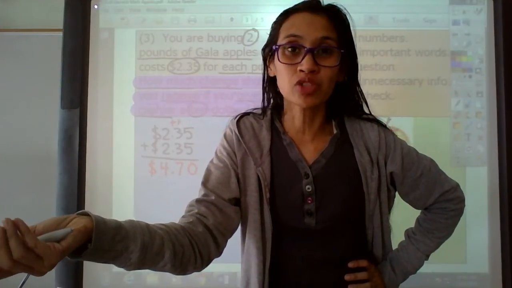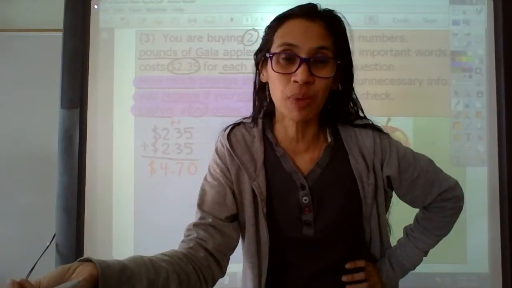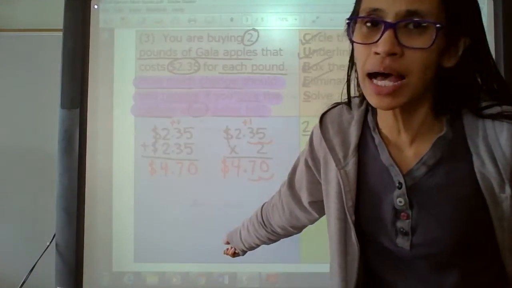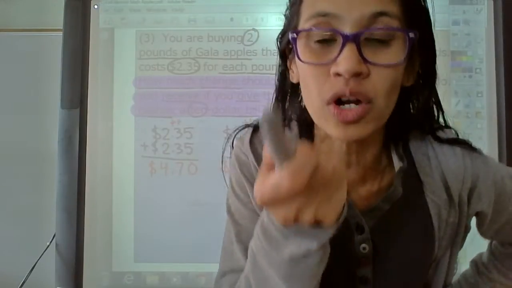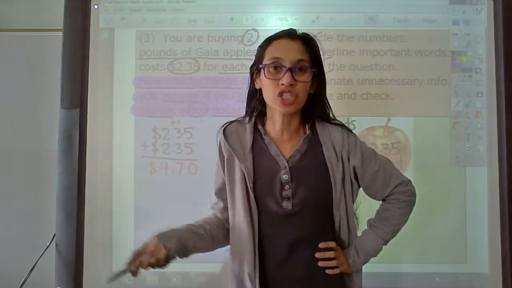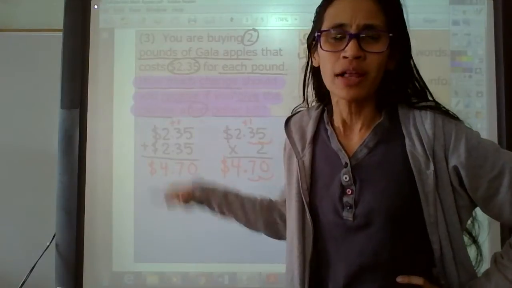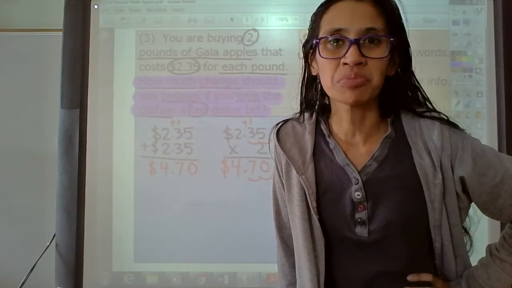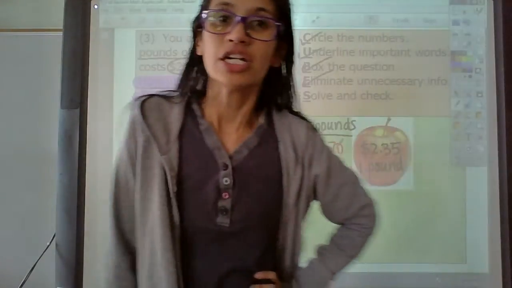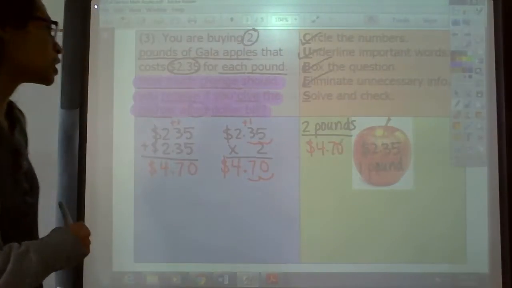He better give me my change back because it's not $10. Don't leave the store without getting your change. Make sure you have change when you paid more than it costs, or else you just lost some money. Not good. So now what operation do we need to do?